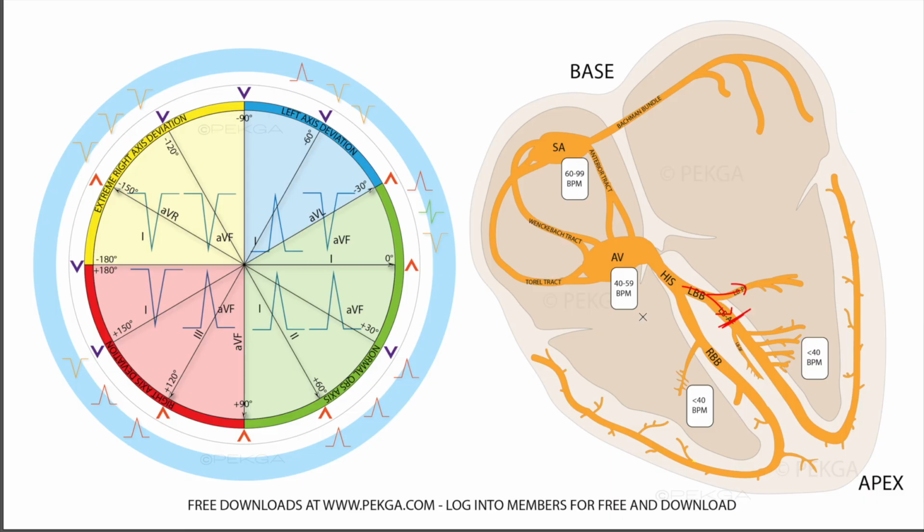And therefore, the conduction goes to the right bundle, and the conduction goes to the left bundle, but it only happens via the left posterior fascicle, which offsets the major axis of depolarization. It pushes it, so we see it as left axis deviation here.